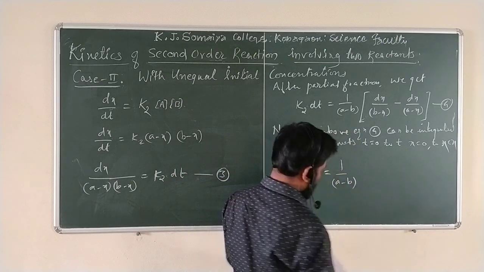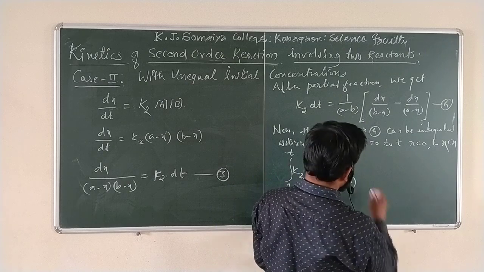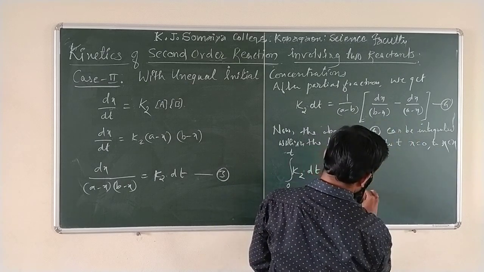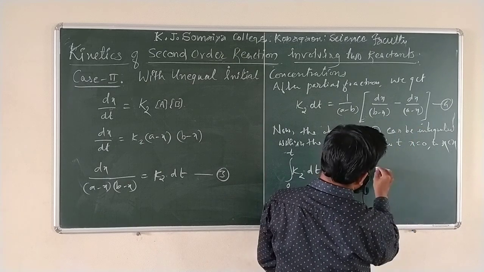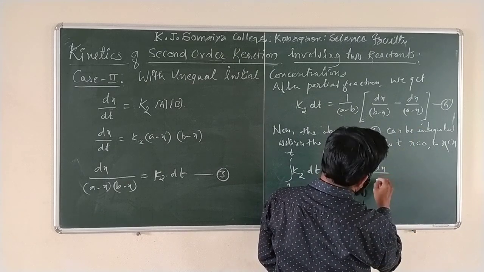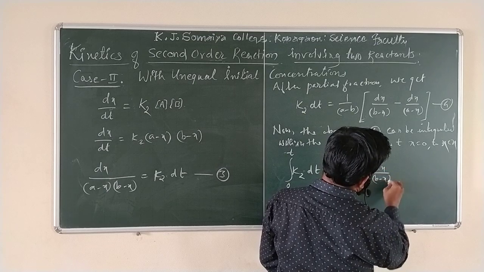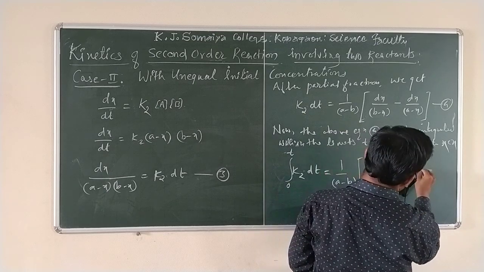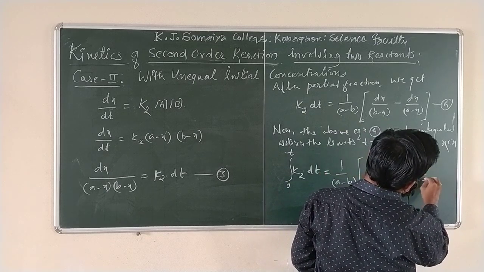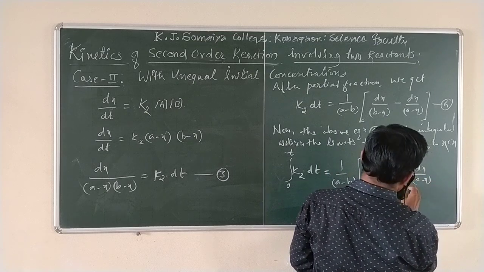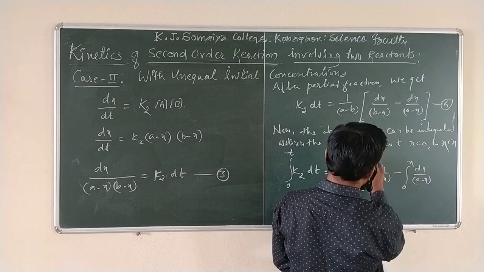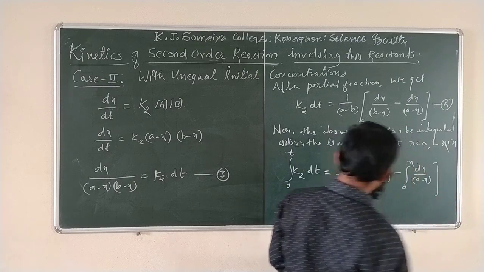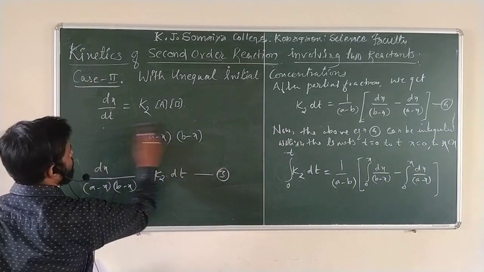Here two different parameters are there, and we have to integrate both values: integration of dx upon (B minus x) minus integration of dx upon (A minus x), with limits 0 to x. This we have to integrate.